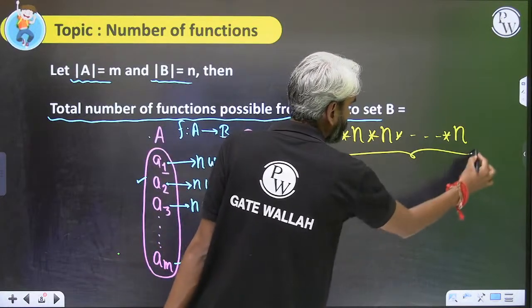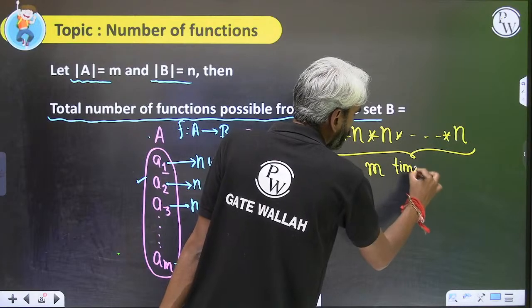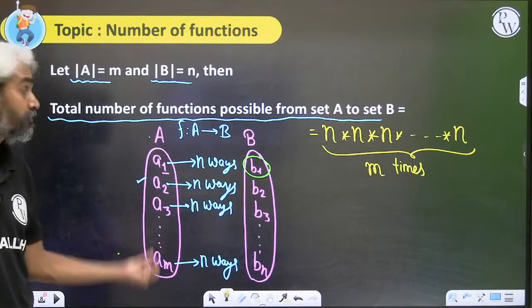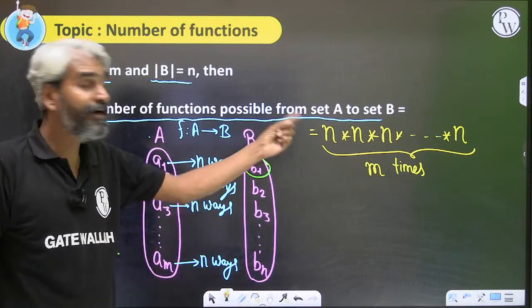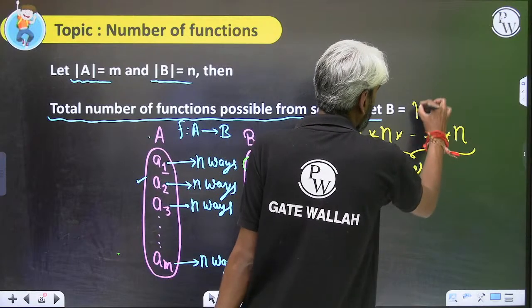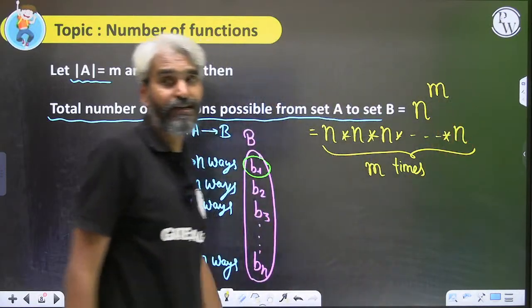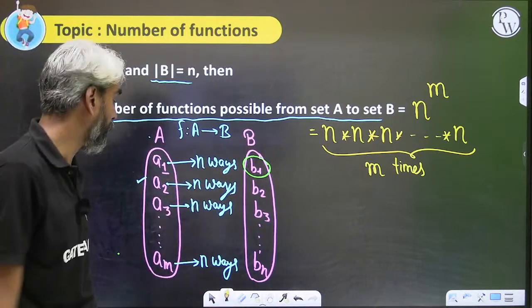How many times? m times. Each one of those m elements of the domain can map in n ways. Therefore n into n, m times, becomes n raised to the power m. Please cross check: it is not m raised to the power n; the number of functions will be n raised to the power m.